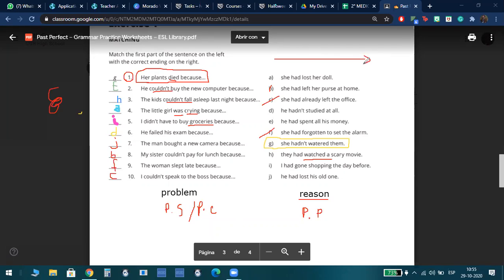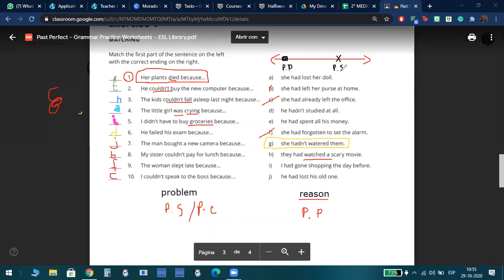So you have here your timeline. She hadn't watered the plants, so that's the PP. And then the plants died, and that is past simple.